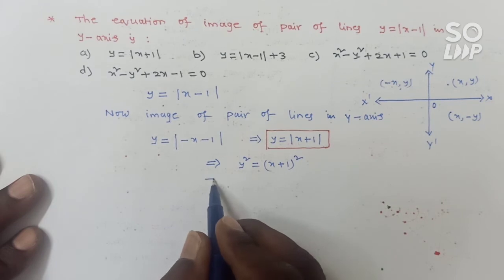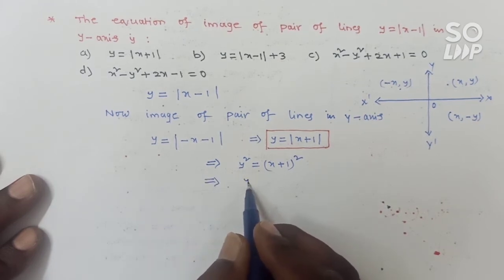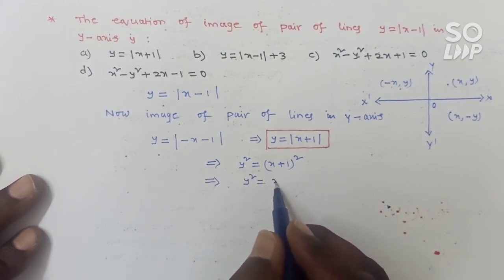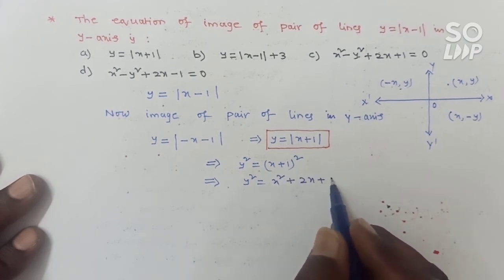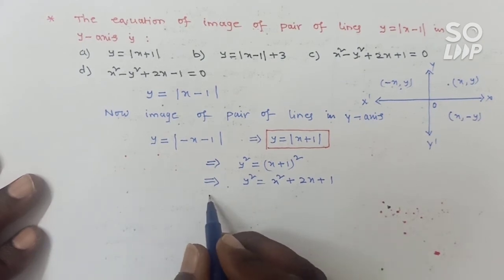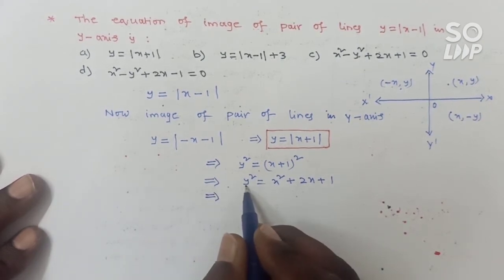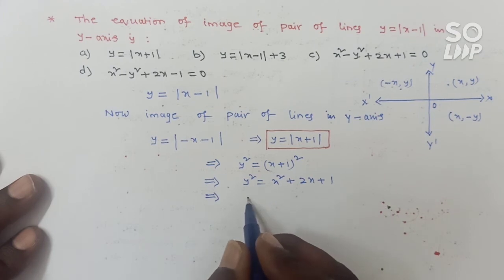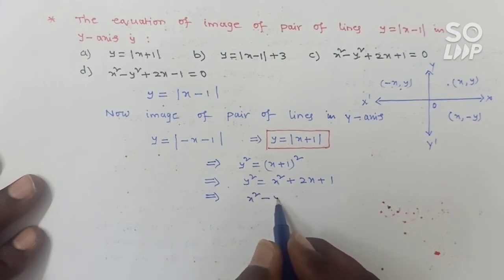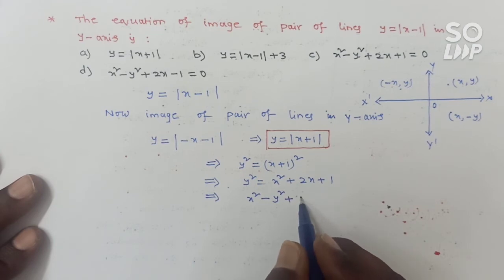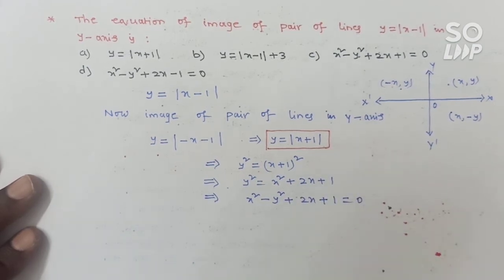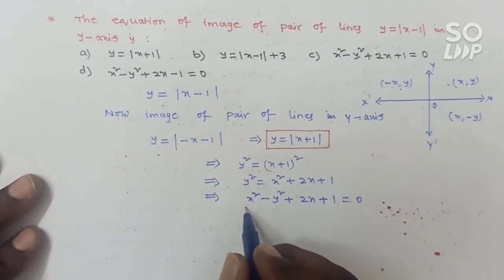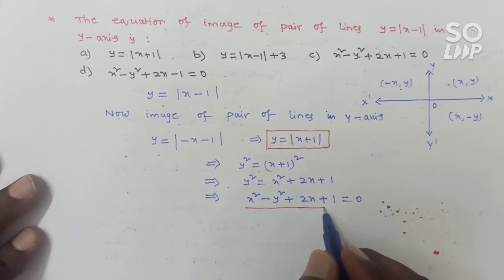Simplify this value, that implies y square is equal to x square plus 2 into x plus 1. You take y square to the right side. That becomes x square minus y square plus 2x plus 1 is equal to 0.